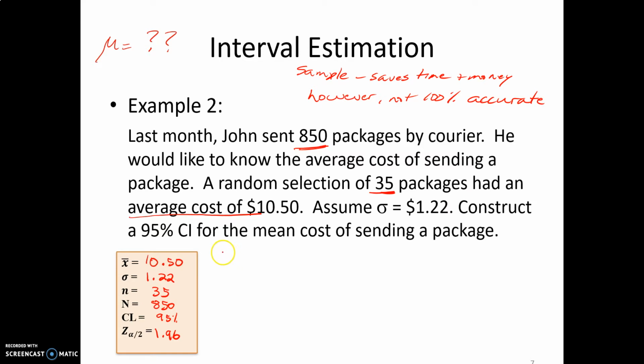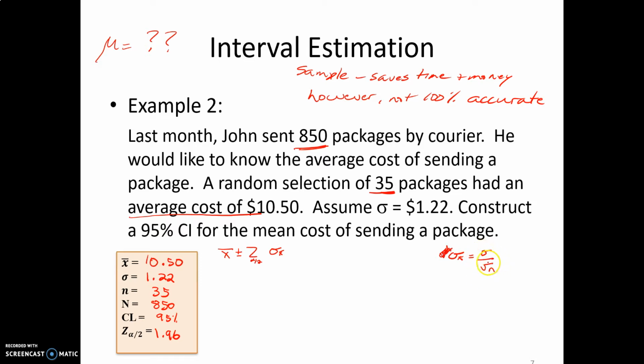So our confidence interval is going to be sample mean plus or minus a Z value based on half of alpha and the standard error. We could write the standard error as this: standard error equals population standard deviation over the square root of n.